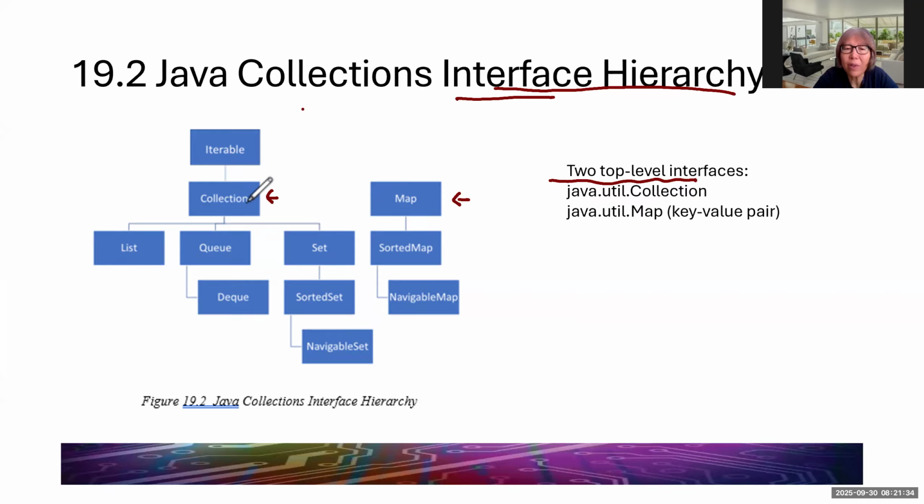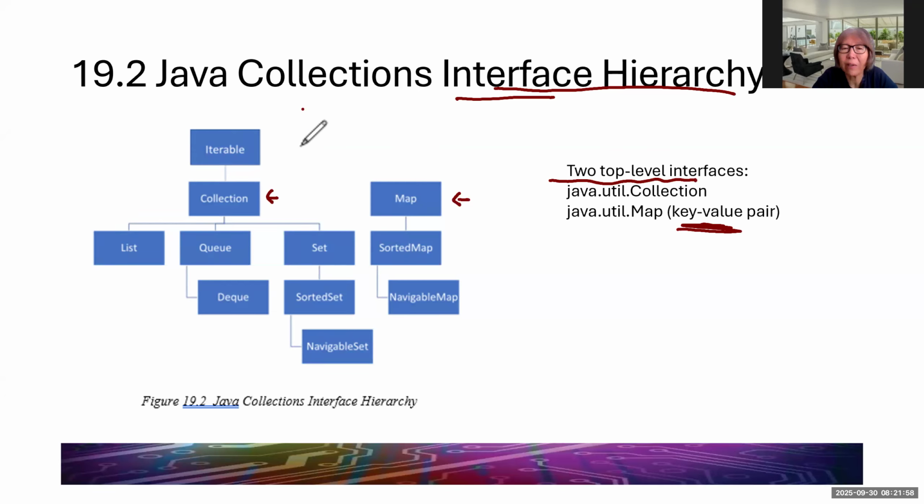Collection is used for single objects. Map is not just about the object, it's about key-value pairs. So this is new. It has key and value pairs, not just a collection.